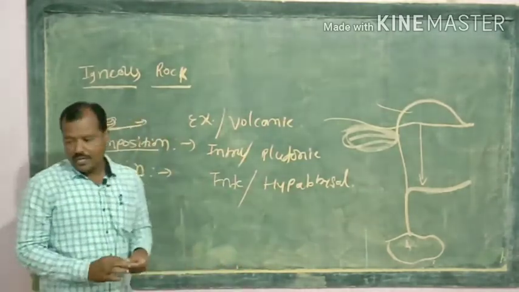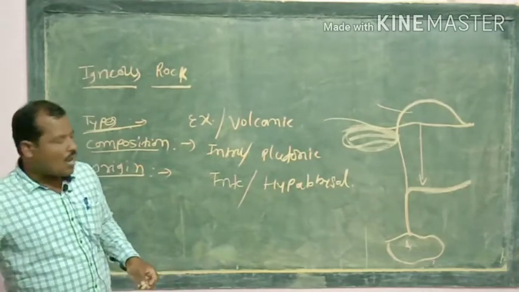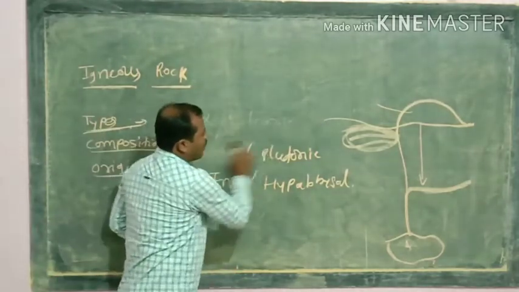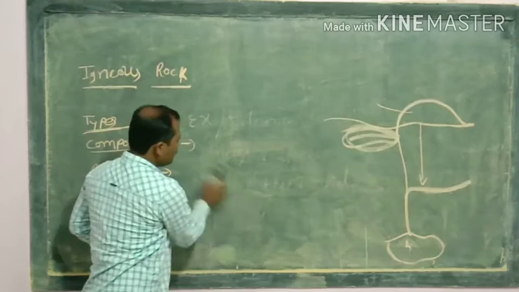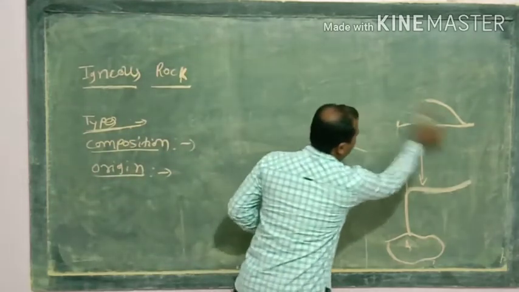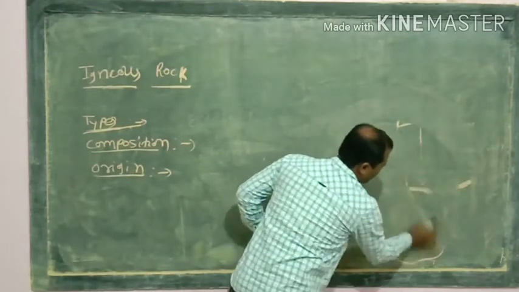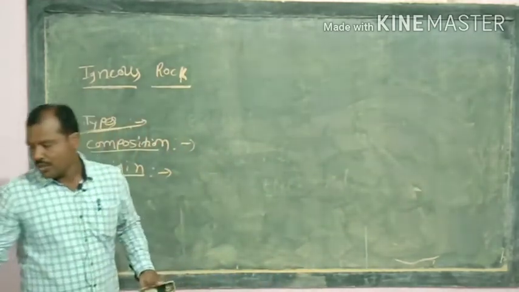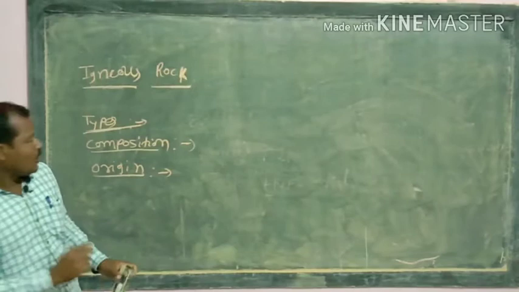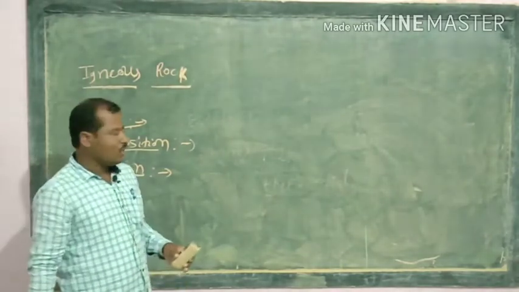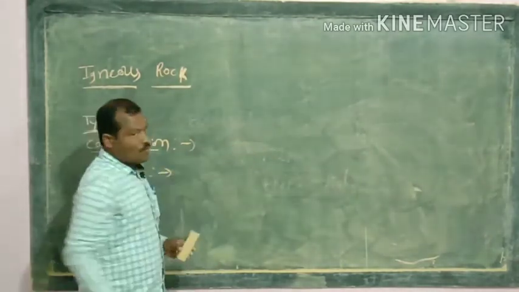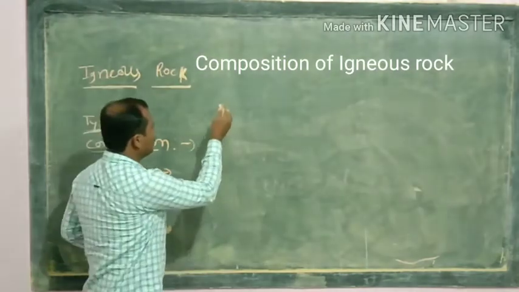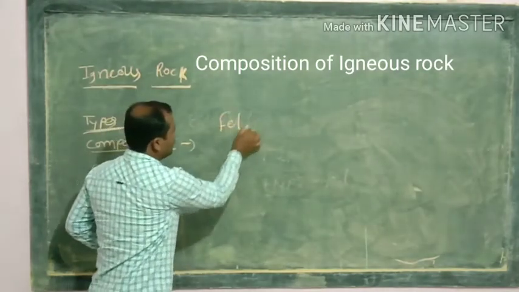Now the next point is the composition of magma, or composition of igneous rock. Look at this composition. Depending upon the cooling condition, there are three types of composition. The first one is the felsic.